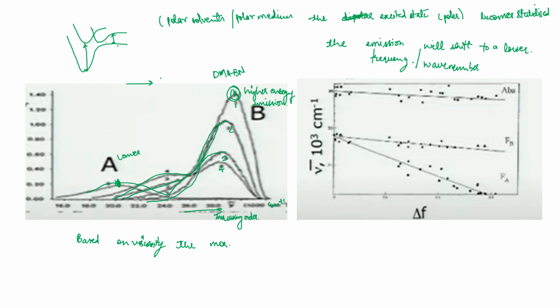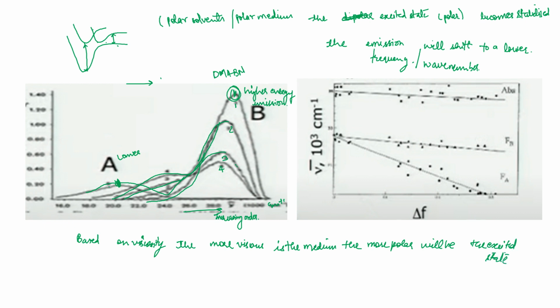The more viscous the medium is, the more polar will be the excited state.